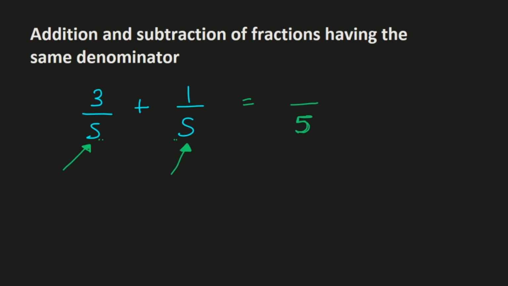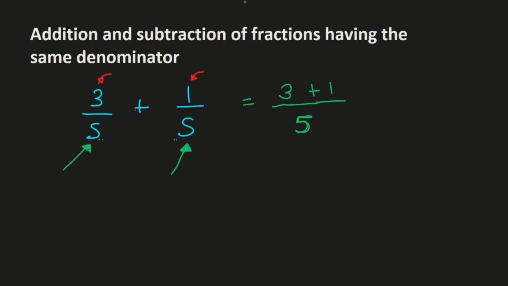Okay. When that is decided, then we go to the numerator part. You can see here what you have to do. You have to add 3 and 1 together. 3 plus 1. See, in the answer, you can have a long line like this, and simply you can add 3 plus 1.